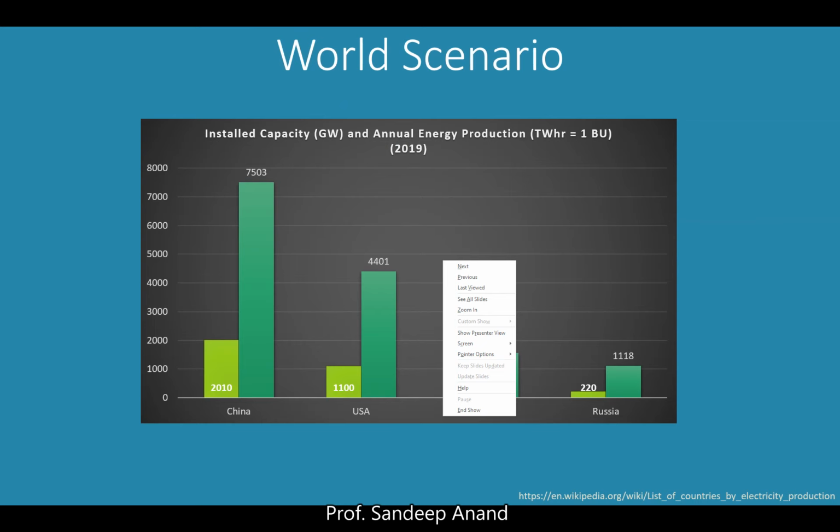What we mean by installed capacity is the total amount, if we sum up all the power plants, renewable power plants, thermal power plants, nuclear plants, hydro plants, if we sum up all the capacities, then this is the total country's installed capacity, right? So China at 2010, second number US at about half, and third is India about 365, fourth being Russia, and fifth is Japan.